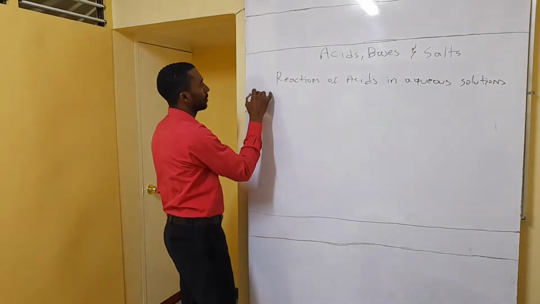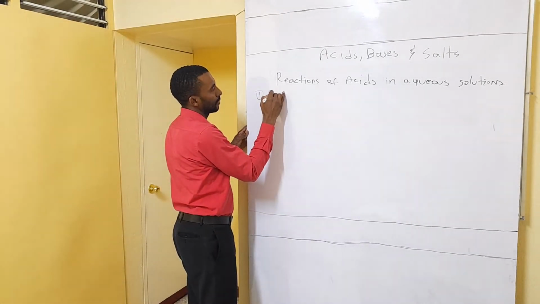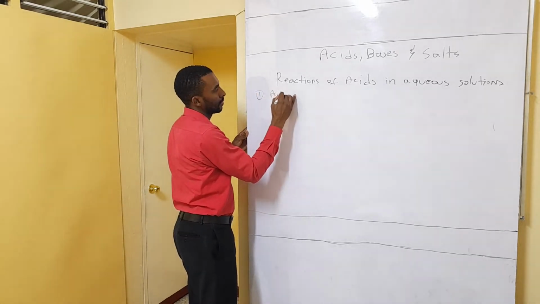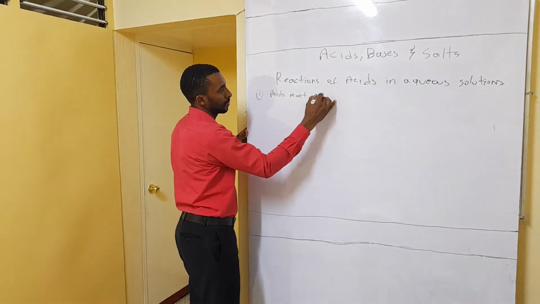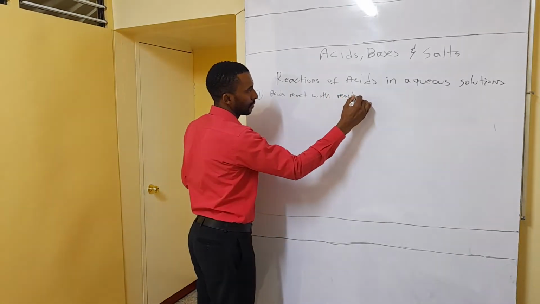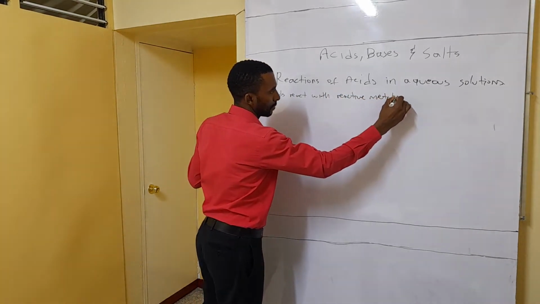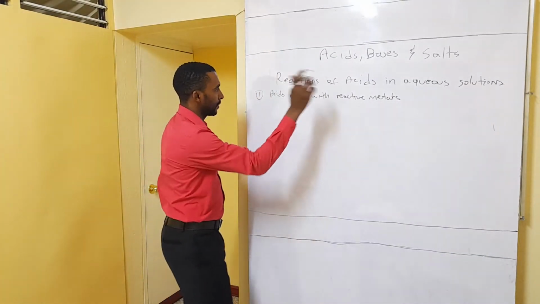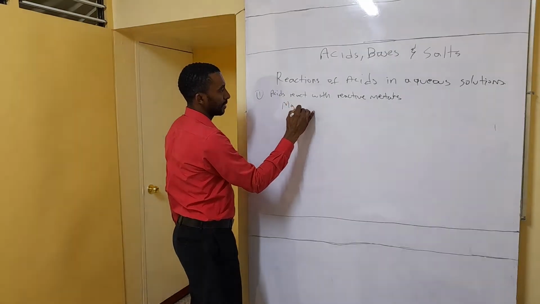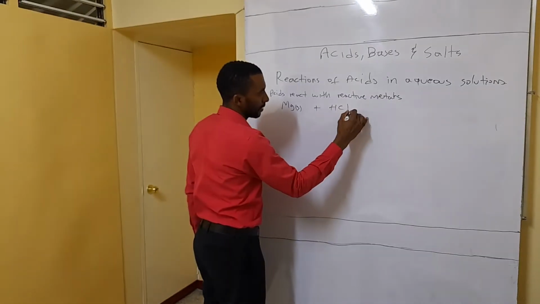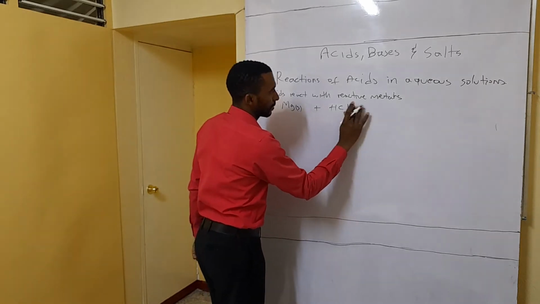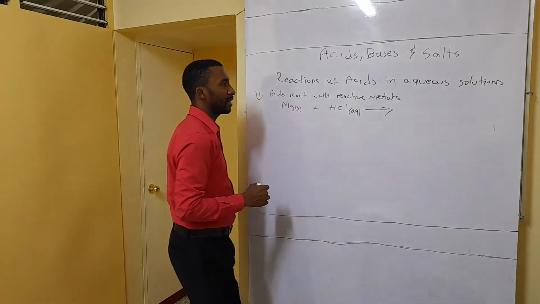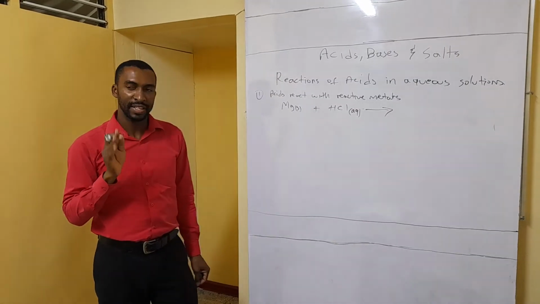One: acids react with reactive metals. For example, magnesium metal solid plus hydrochloric acid react to form a salt plus hydrogen gas.